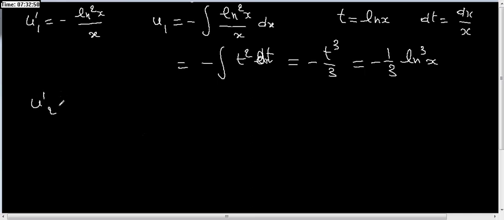Now u prime 2 is y1, which is x times fx, which is ln x over x. We have to divide by the Wronskian, which is x. So we obtain ln x over x.